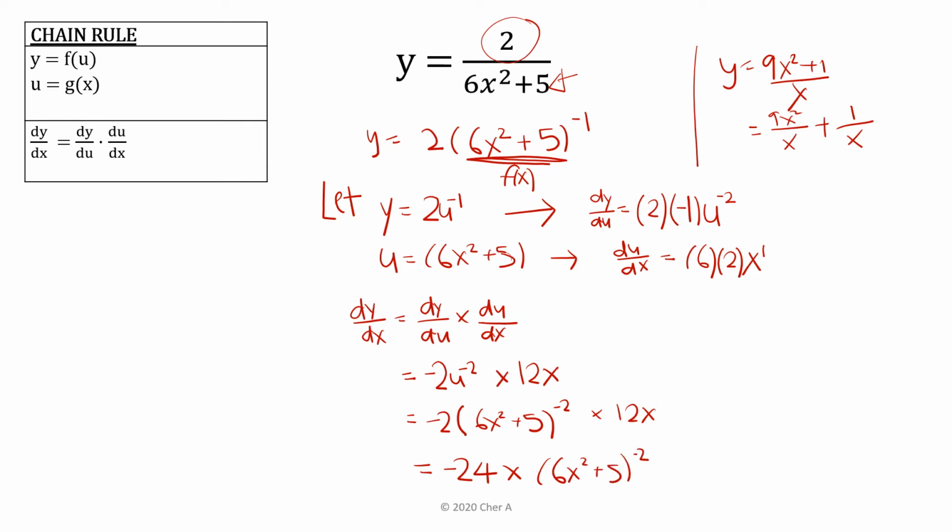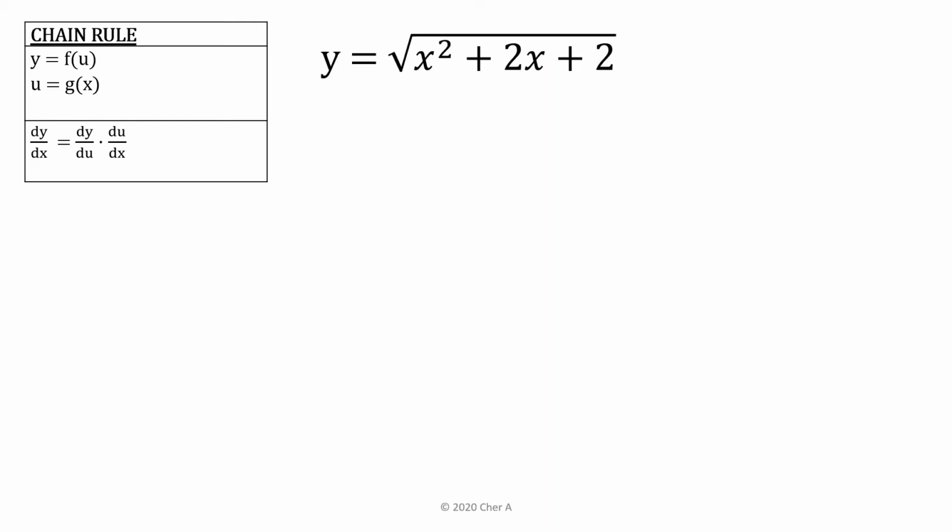We will make this prettier so that we don't have negative powers in our final answer. So our final answer should be negative 24x over 6x squared plus 5 to the power of positive 2.